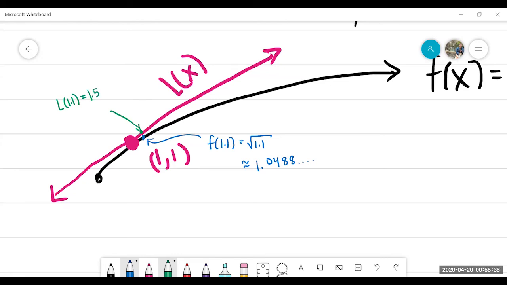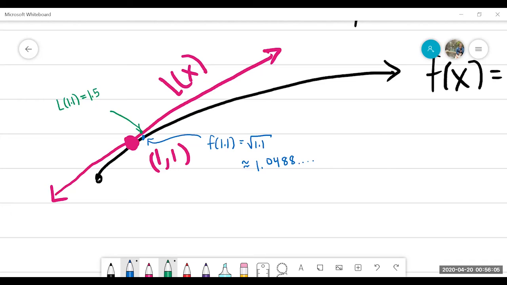So we have this kind of balance between the actual function, that's the black line right here, the tangent line at a certain point, that's the pink line here, an actual function value, that's the blue, and then the tangent line value, which is green. And what we're doing is we're saying the green is approximately or close enough to the blue values.